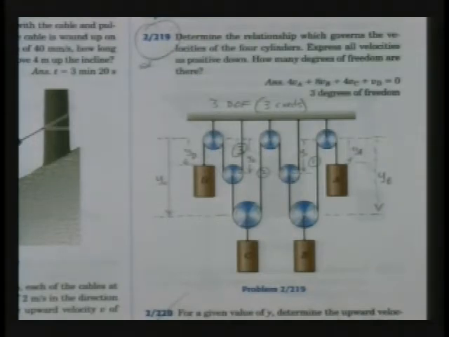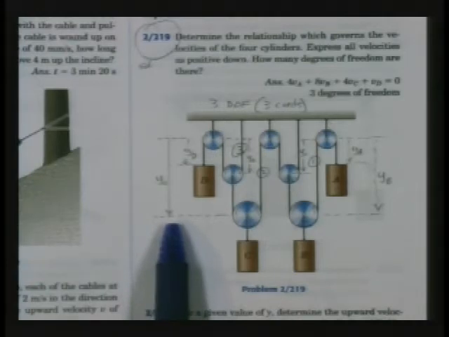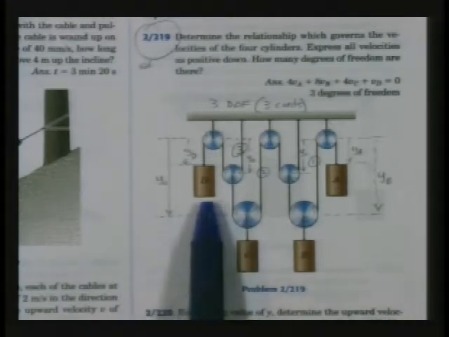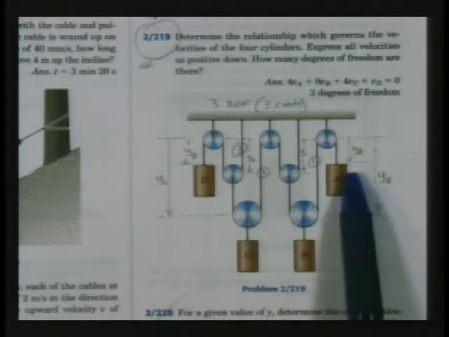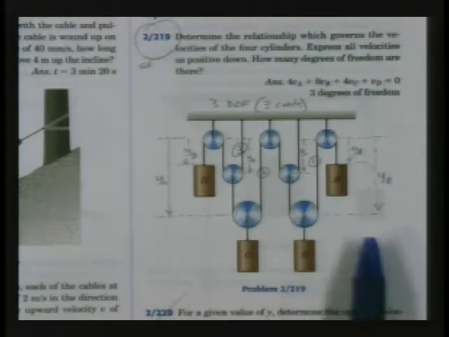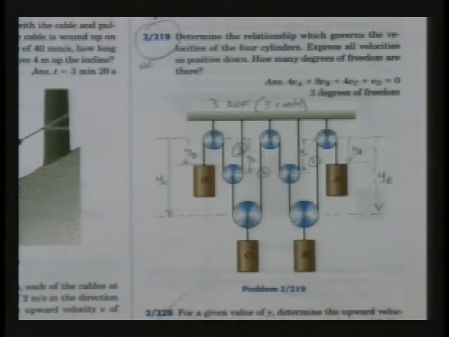So what I did is I went through and looked at this, and I said, okay, here's body C, so I defined Y sub C as shown. Similarly, body D, and then I came over to body B and body A. And then we have 3 strands of cable here. So then, if we start writing equations, and I actually penciled this out, go ahead and grab it.